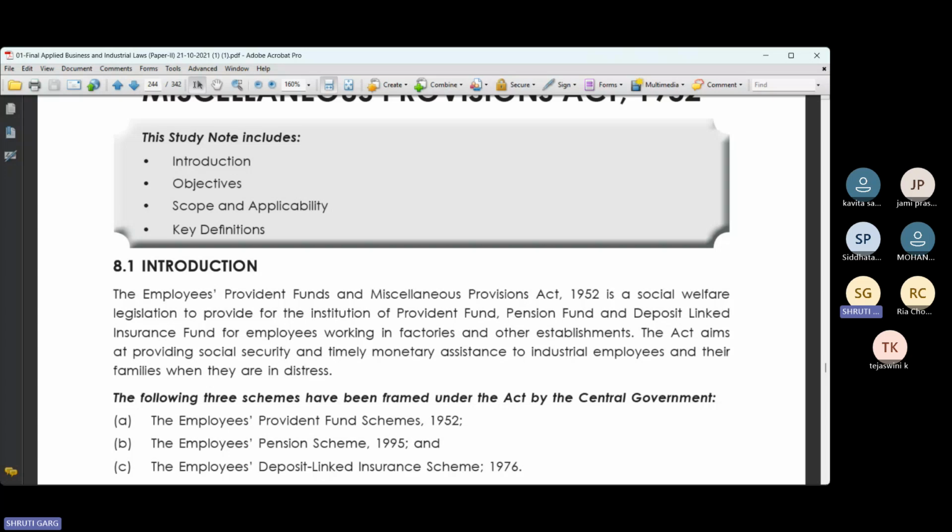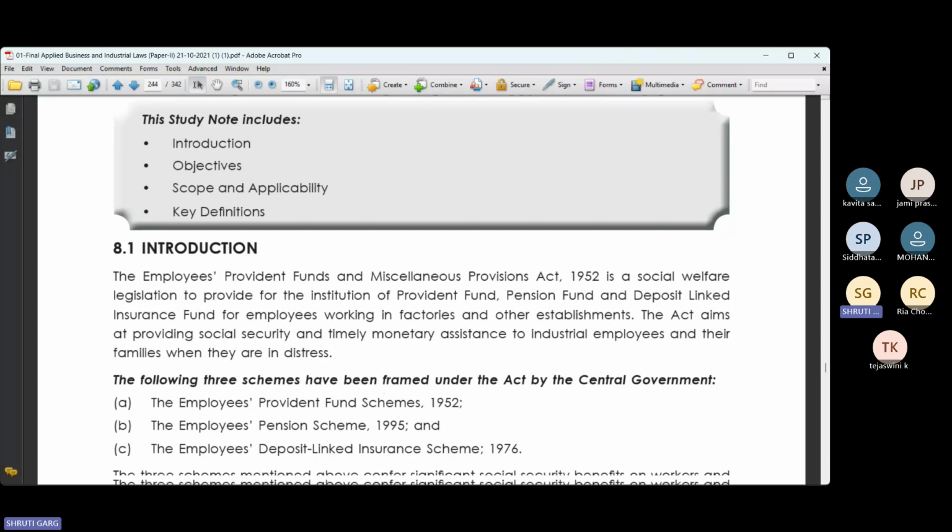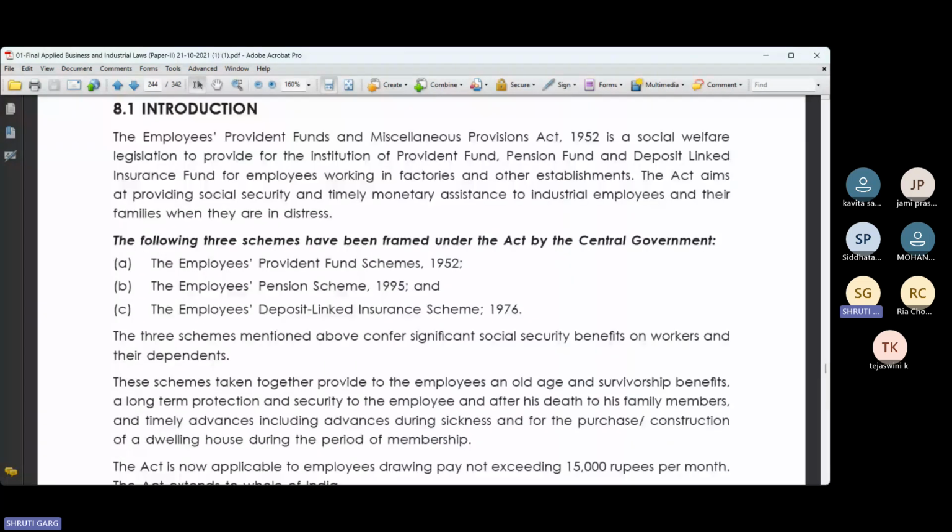There are 3 schemes which are framed by the government. Which government? Central government. Number 1, Employees Provident Fund Scheme 1952, Employees Pension Scheme 1995, and the Employees Deposit Linked Insurance Scheme 1976. There are 3 schemes.